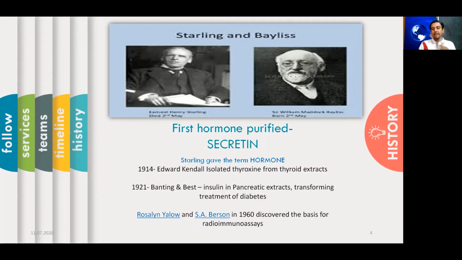In 1914, Edward Kendall isolated thyroxine from the thyroid extract, and in 1921, a major discovery related to hormones occurred when Banting and Best extracted insulin from the pancreatic extracts. And this was a major discovery which led to the changing of scenario for the diabetes patients.